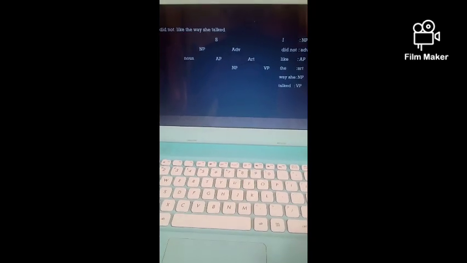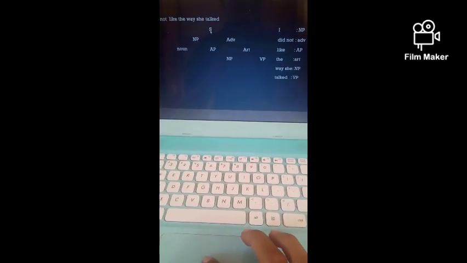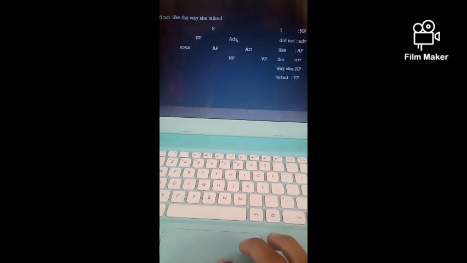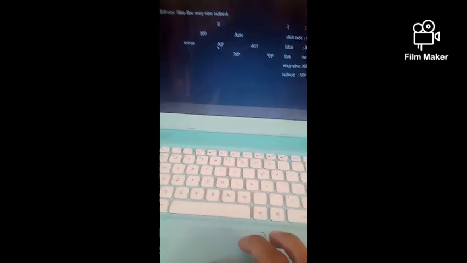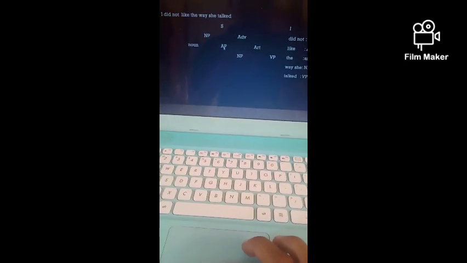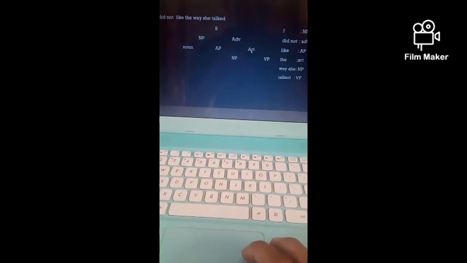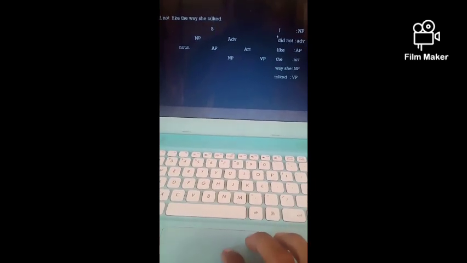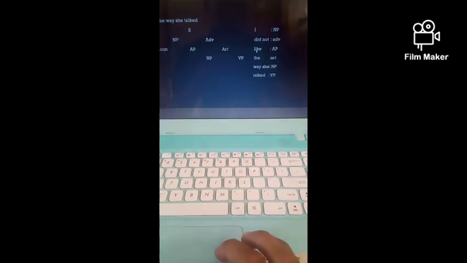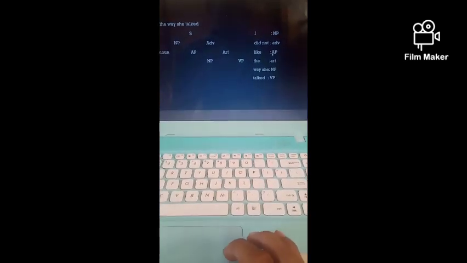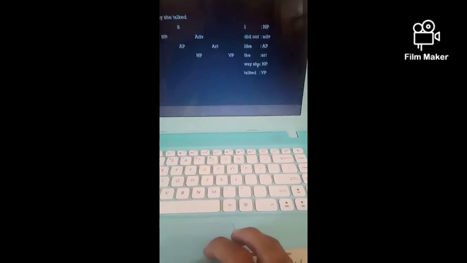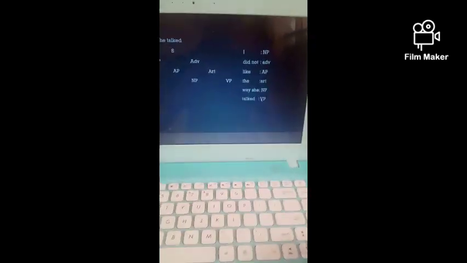Next: I did not like the talk. I is a noun phrase, did not is an adverb, like is an adjective phrase, the is an article, talk is a noun phrase, verb phrase.